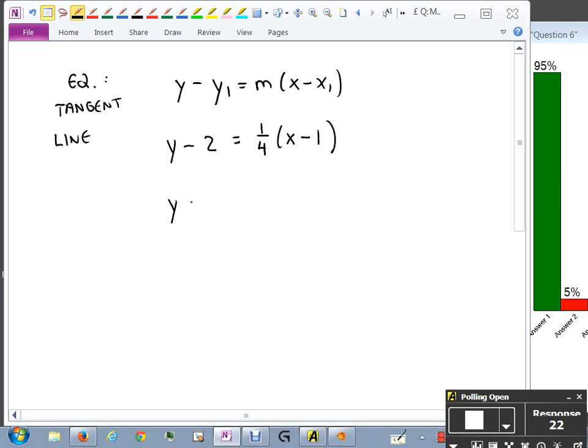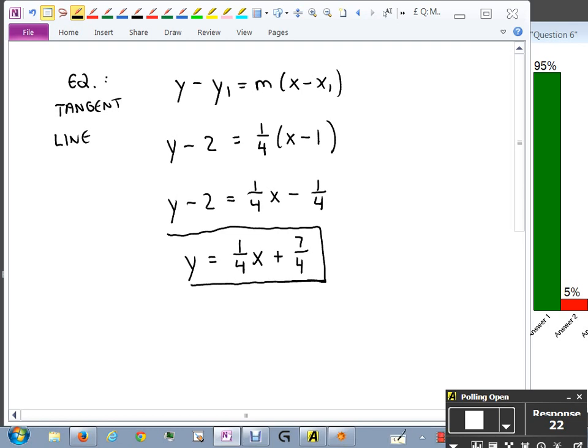I'm going to go ahead and solve for y. I have to add 2 to both sides. So 3/4 plus 2, 7/4. Don't put a decimal there, okay? We're in calculus now.